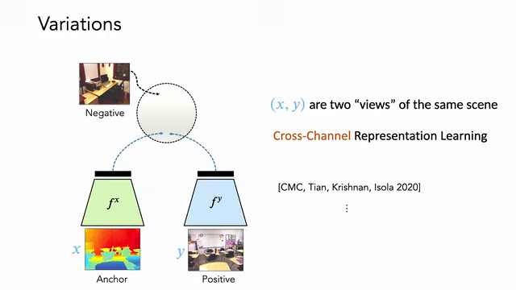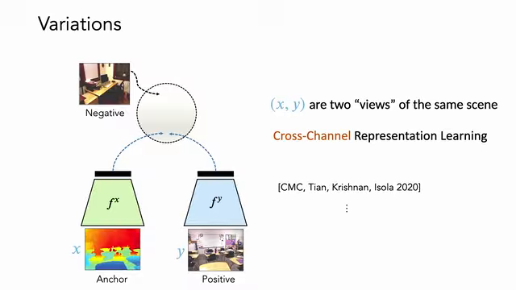So one example is if you actually have data of something like a scene and the depth image for that scene, then you can try to learn representations that put things close together if the image of the scene closely matches the depth of the scene.